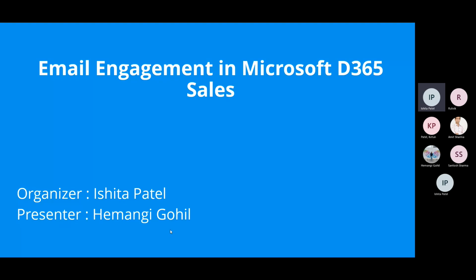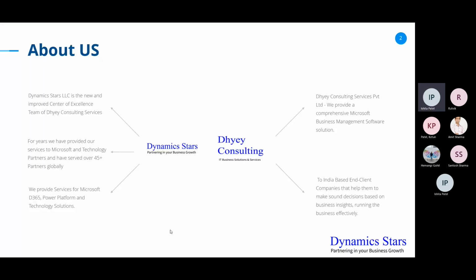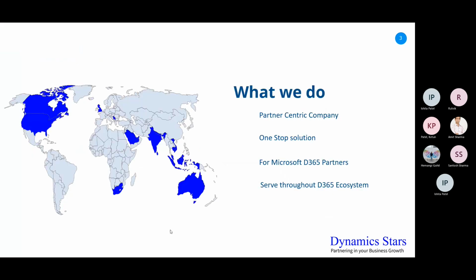I would like to take 2 minutes of your time before we start our webinar and introduce our company and what we do. So we are Dynamic Stars, a sister concern company of the Consulting Services. We are a new and improved center of excellence, and we have been working with partners around the world. And currently, we provide our services for Microsoft Dynamics 365, Power Platform, and technology solutions.